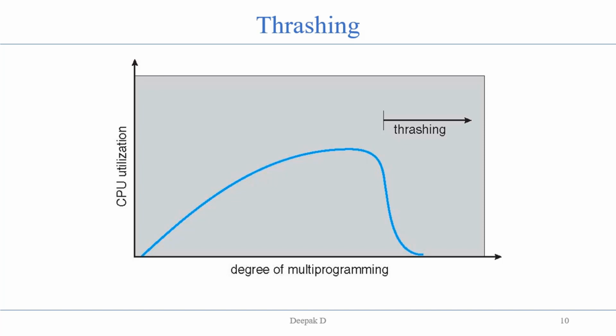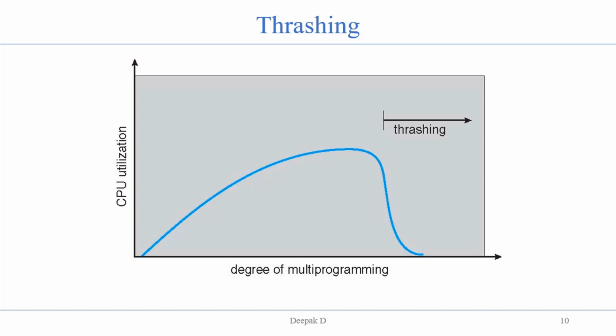What does the operating system think now? Again, the CPU utilization is low, so bring a new process. This keeps on repeating, which leads to lower CPU utilization and a high page fault rate.